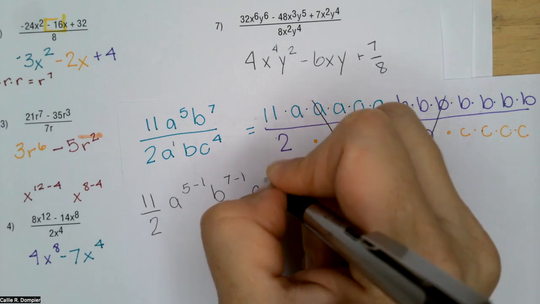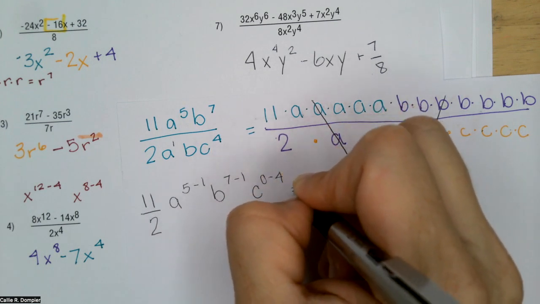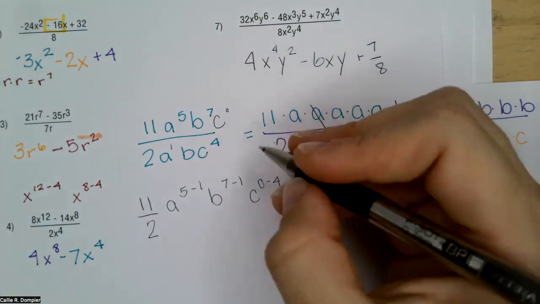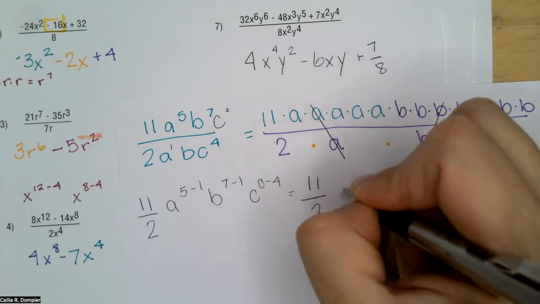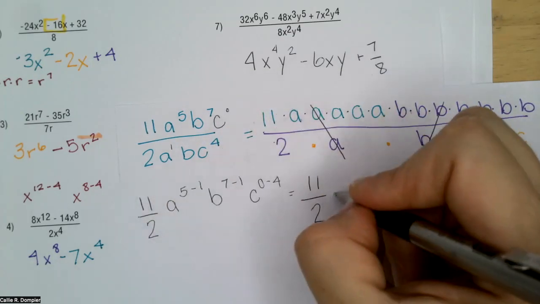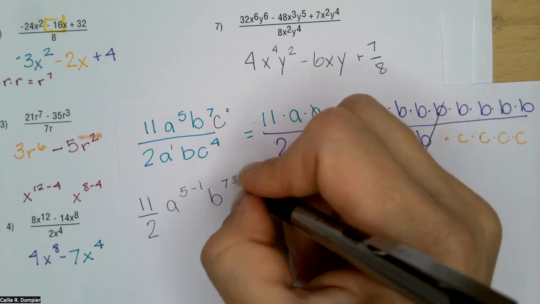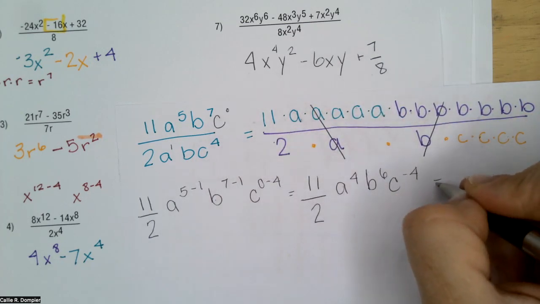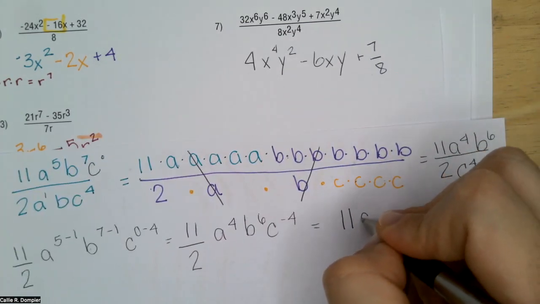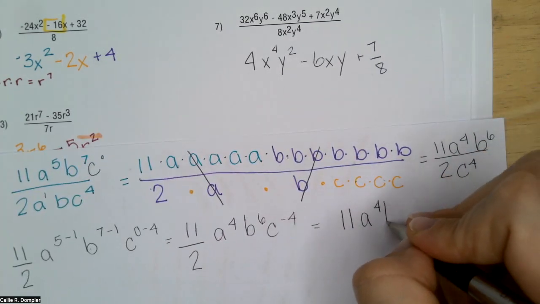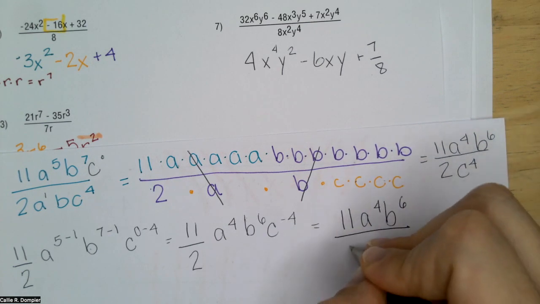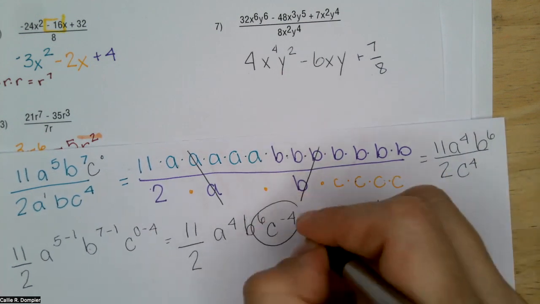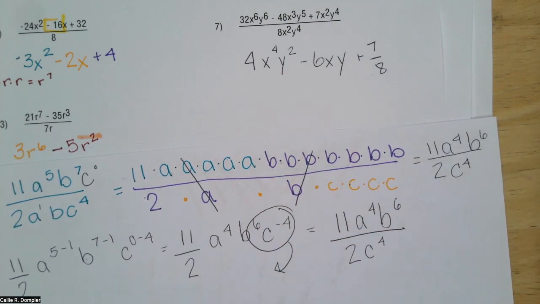And then C to the power of 0 minus 4. A to the power of 5 minus 1 is a to the power of 4. B to the power of 7 minus 1 is b to the power of 6. And then c to the power of negative 4, which is 11 positive exponents up here, 2's down here. And then the negative exponent becomes a positive by moving down to the denominator.